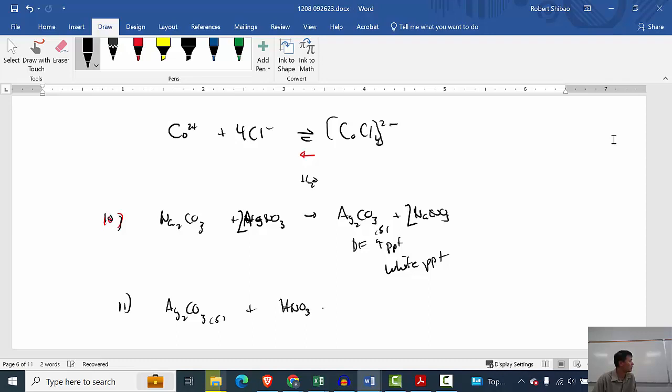And this is going to be a double replacement or metathesis or redox reaction. And what forms here? Well, we're going to form silver nitrate plus H2O liquid plus CO2 gas. So the precipitate dissolves.